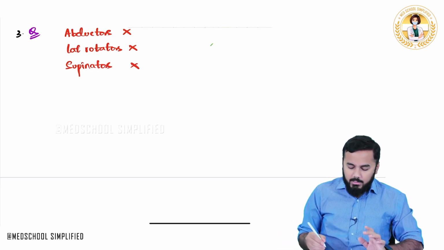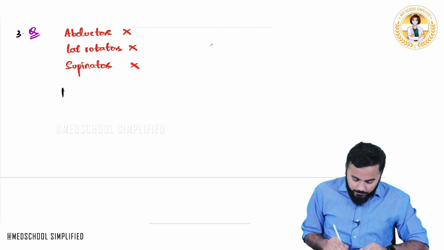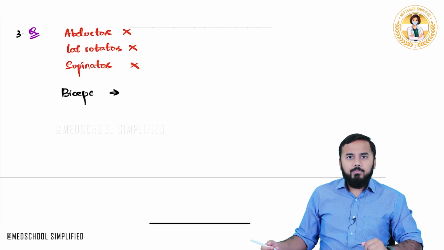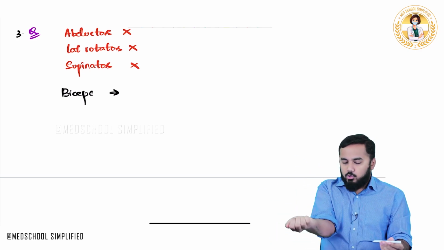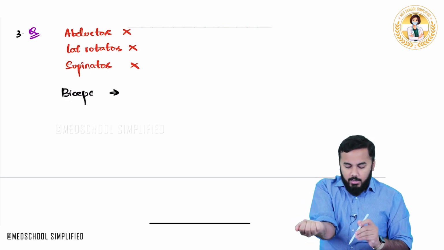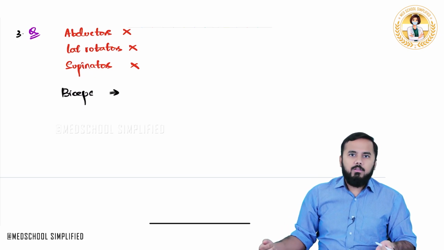Now based upon this, I will write a few muscles, guys. Look here. Biceps. Now what is the function of biceps, guys? Tell me. Biceps is responsible for flexion as well as supination. Now here in the patient, supinators are not working. It means biceps is not working.